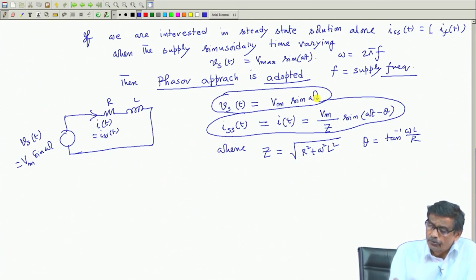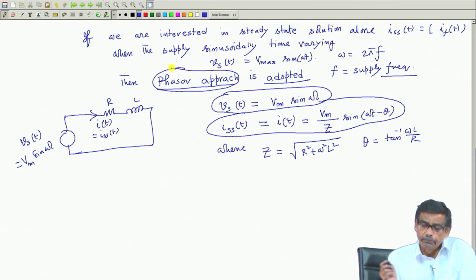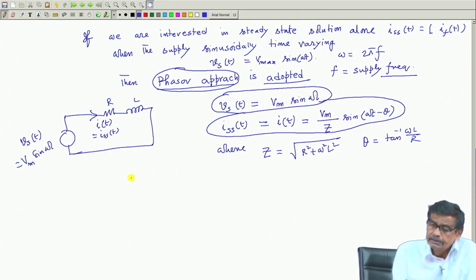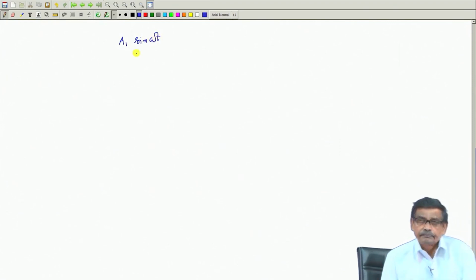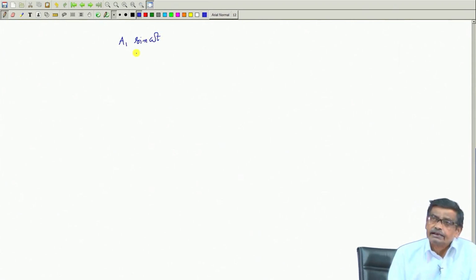Now, before we go to the Phasor approach, we know this much. Suppose you have any time varying, we will come back to this a little later. Let us go to the next slide and say that suppose you have a time varying quantity, say A1 sin omega t, a sinusoidally varying time quantity.